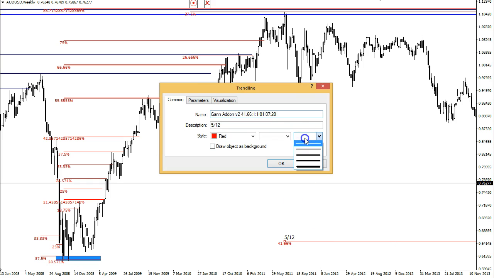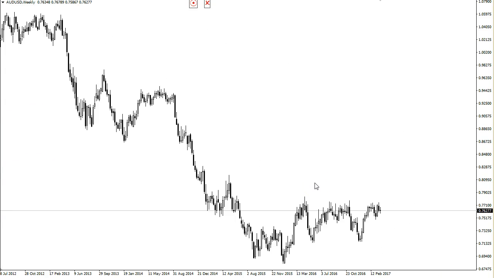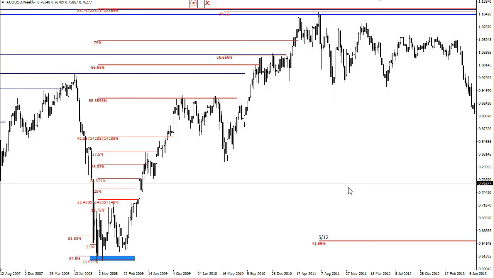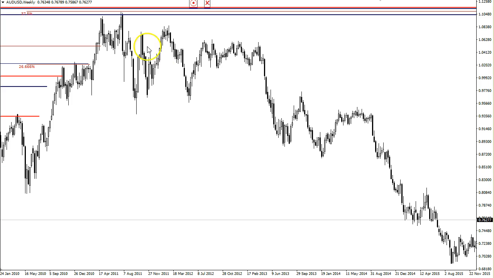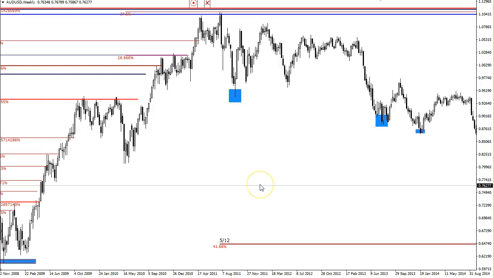I'll mark it as a strong level here. Now from this historical high, I need to understand at what percentage we stop here, here, here, and here.